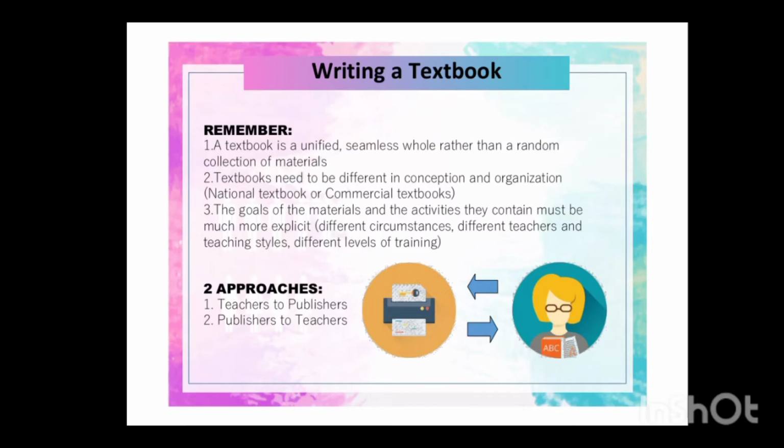And then, two approaches. In writing textbooks, there are two approaches. First, it could be from teacher to publishers. It means that teachers can write a textbook by themselves, and they can describe the uniqueness of their textbook, like why it is unique and what the differences are between their textbook and other textbooks.